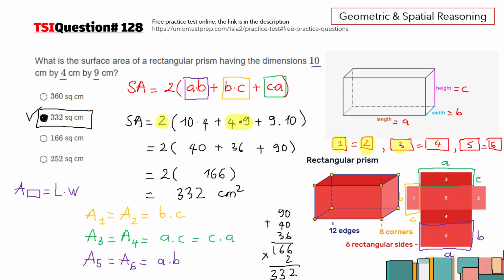Similarly for 3 and 4, you calculate the area of one part, then multiply by 2 because you have 2 parts. The same for area number 5 and 6. They are the same areas, so you can calculate once and then multiply by 2.